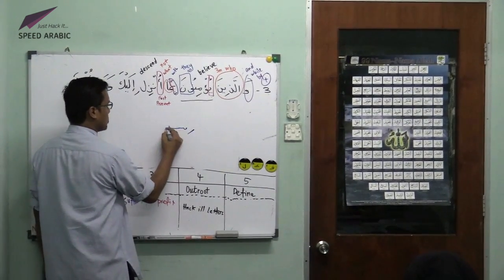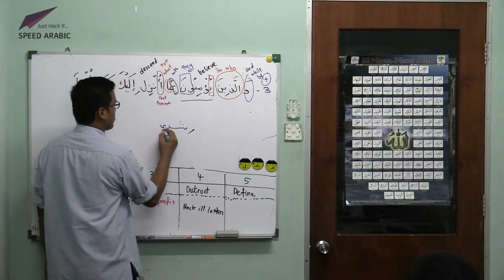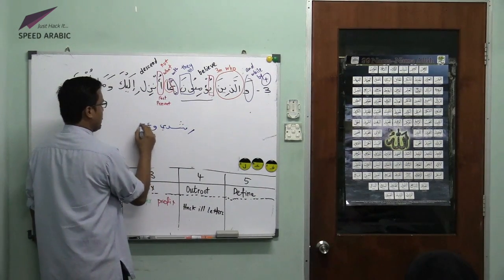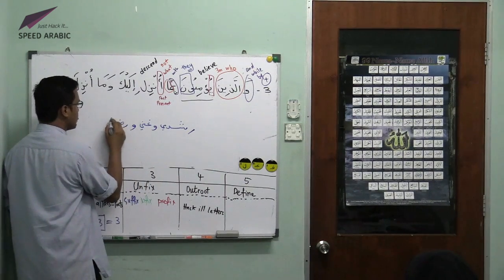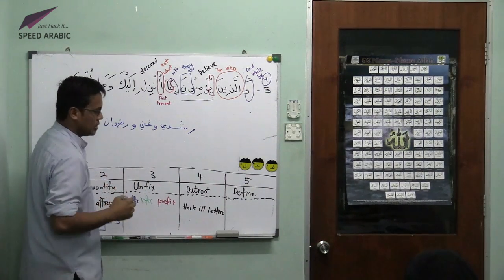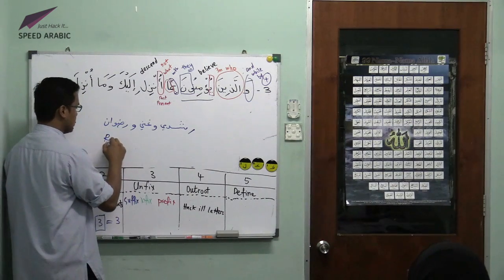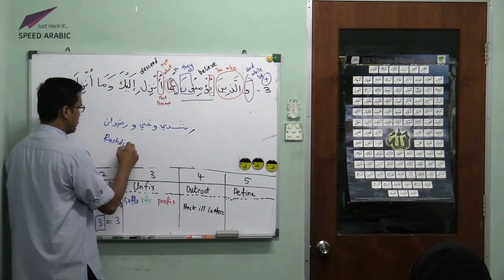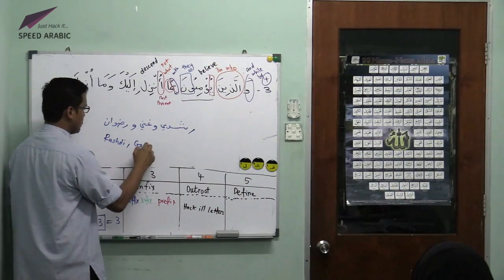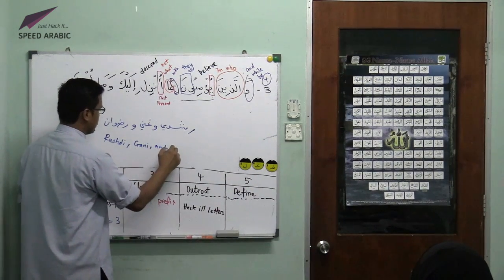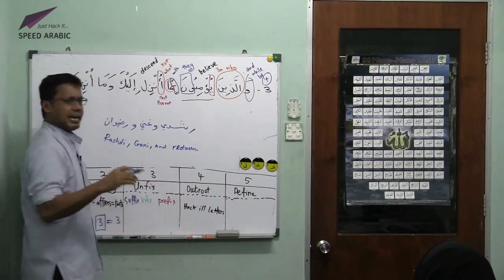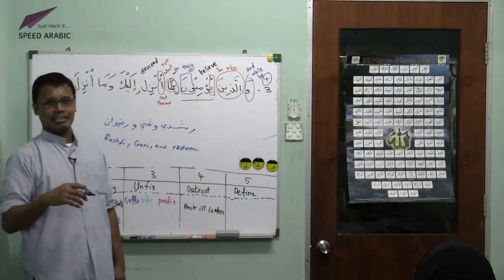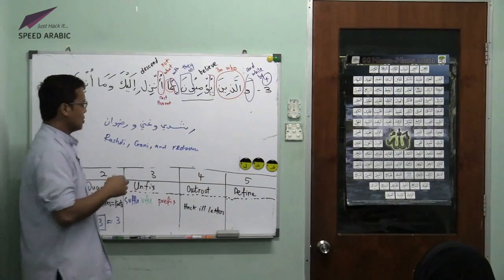Rushdi wa Ghani wa Ridwan. Okay. In English we say Rushdi, Ghani, and Ridwan. Okay. Arabs they just like to repeat the waw.